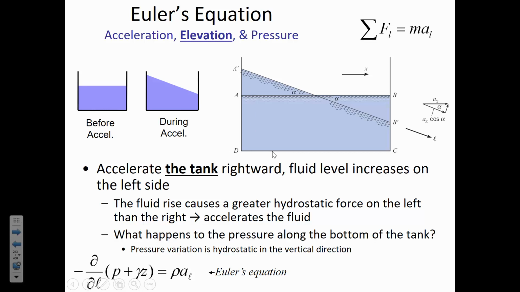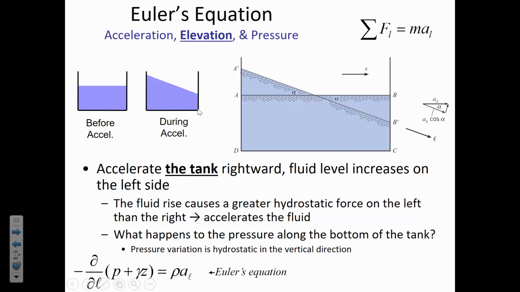So on the bottom of the tank, we no longer have an even pressure. Before acceleration, the pressure on the bottom of the tank was the same on the left as it is on the right. Because we could just apply the hydrostatic equation and find out that the pressure at some depth is delta H times gamma. But now, if it's accelerating to the right, there's more depth on the left side than there is on the right.